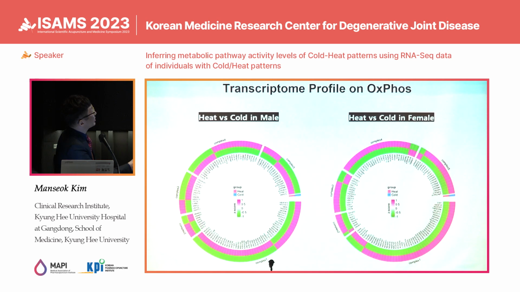If you take a look at the male first, you can see Z-scores, which means relative expression levels, like up or down, just binary. You can see some of them up, some of them down. It doesn't really show a clear pattern between cold or heat pattern.